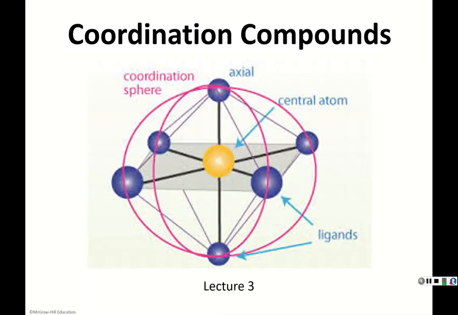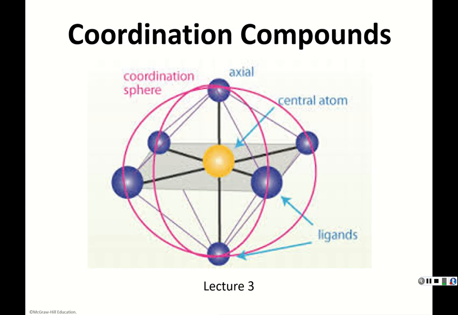In this lecture, we will be introducing coordination compounds. Coordination compounds are molecules that have a transition metal ion in the center of them, and then they have other molecules around that center atom, and they bond to that center atom.